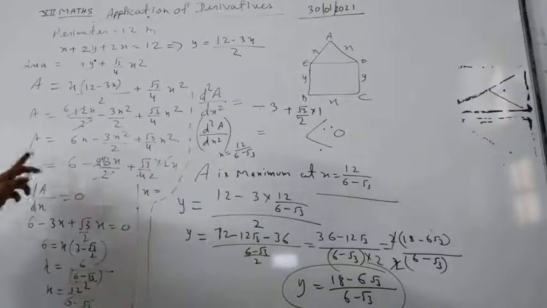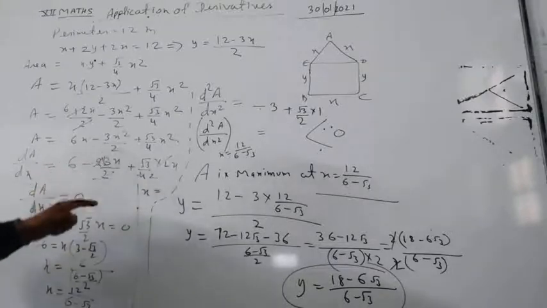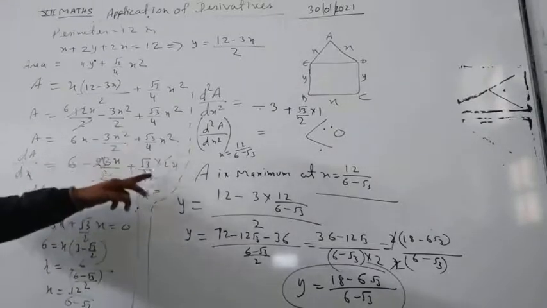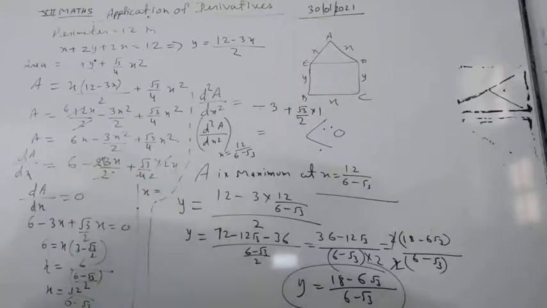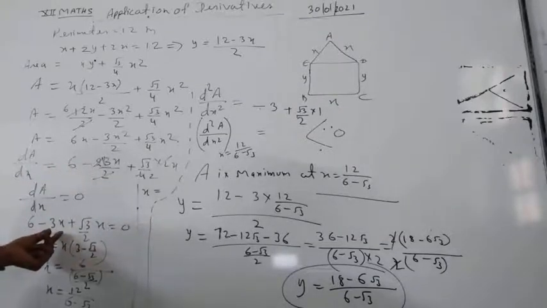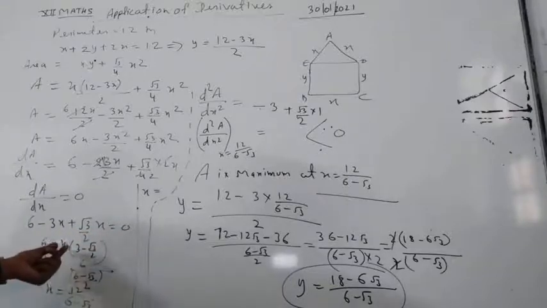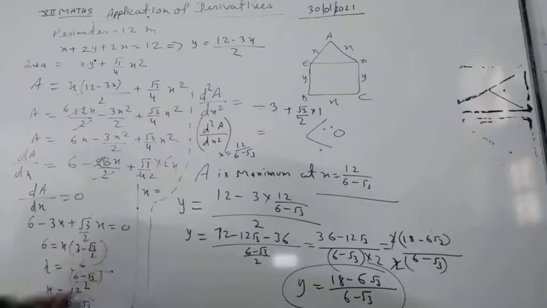Now we are differentiating this students, dA/dx = 6 - 3x + √3/2 x. For maximum and minimum we always use dA/dx = 0. So 6 - 3x + √3/2 x = 0. So 6 = x(3 - √3/2). So x is, from here, 12/(6 - √3).